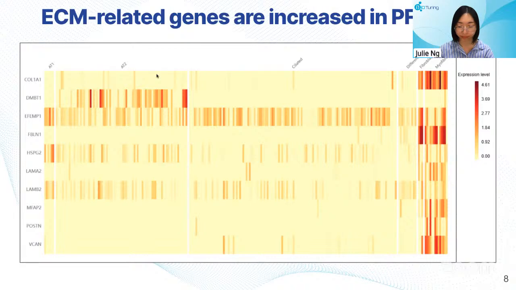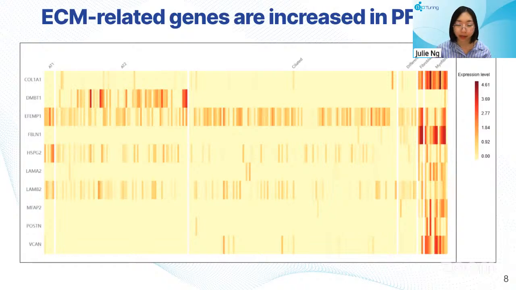Basically, we see that the ECM-related genes are mainly enriched in the fibroblasts and the AT cells. I think it's quite common knowledge, but here we just want to re-establish that the results we find are in line with the literature.